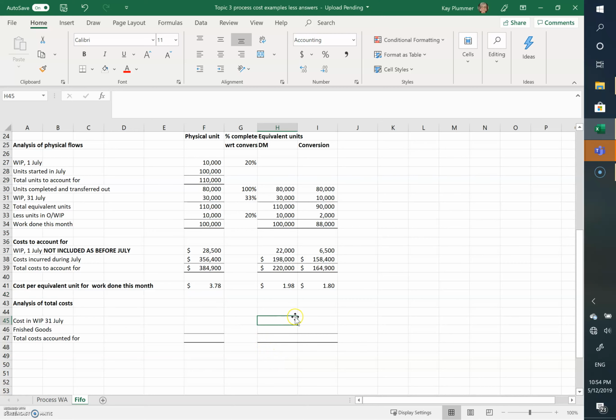So the value in work in process at the end of the month, well, we know for materials it was 30,000 units times $1.98, and for conversion costs it was 10,000 units times $1.80.